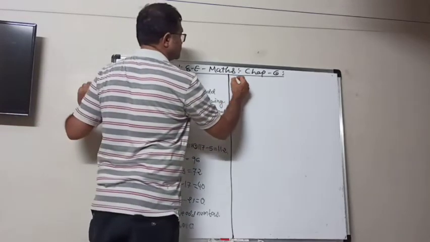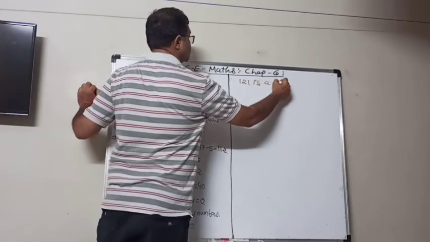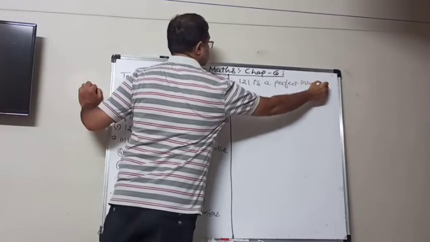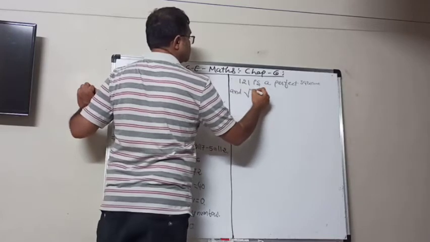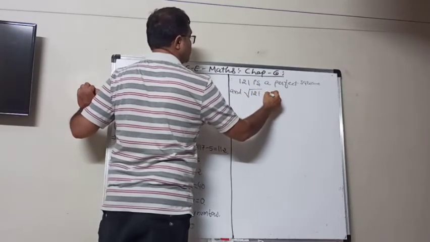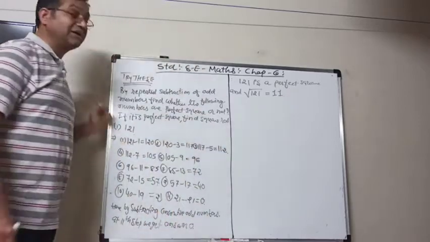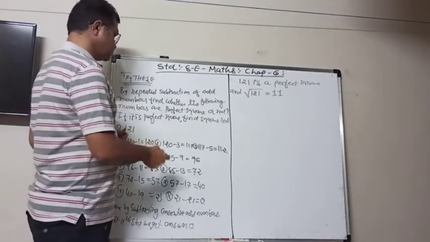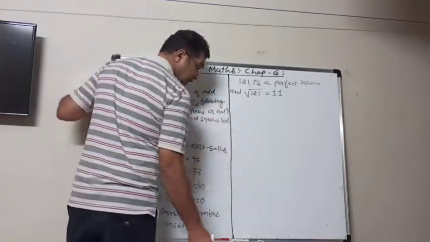Therefore 121 is a perfect square and the square root of 121 is equal to 11. Why 11? Because at the 11th step we get 0. So therefore let's take another one.